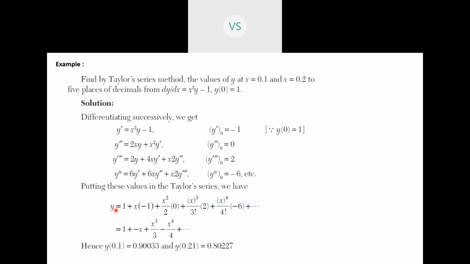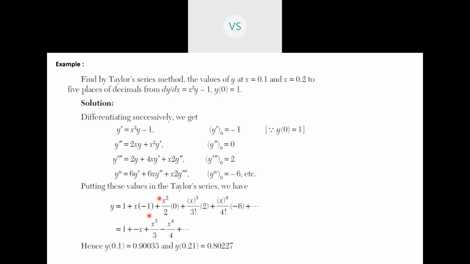What is y? y is equal to 1 plus (x minus x0). What is the formula here? It is x minus x0. But the x0 value is 0, therefore they have only taken x here. Then y dash. What is the y dash value?